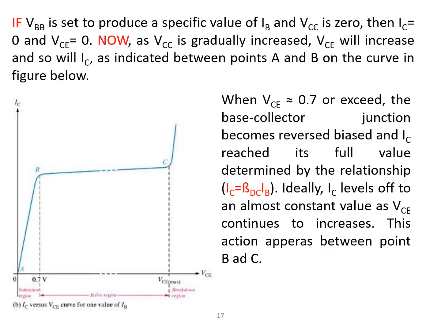If VBB is set to produce a specific value of IB and VCC is set to 0, then IC will equal 0.